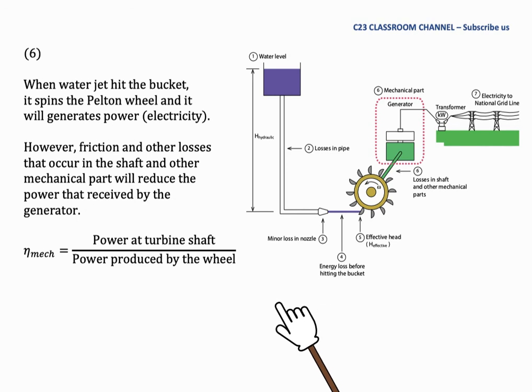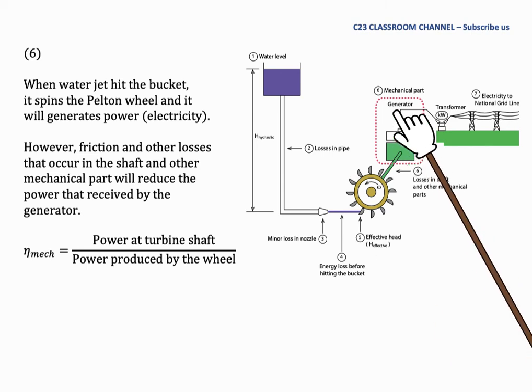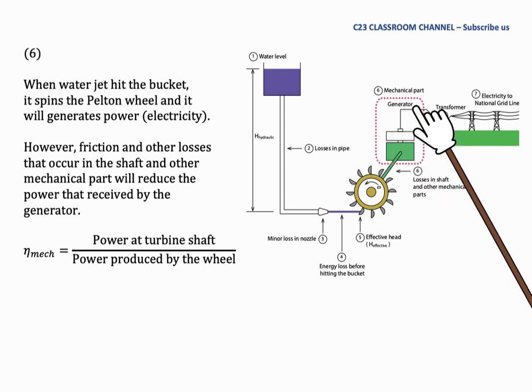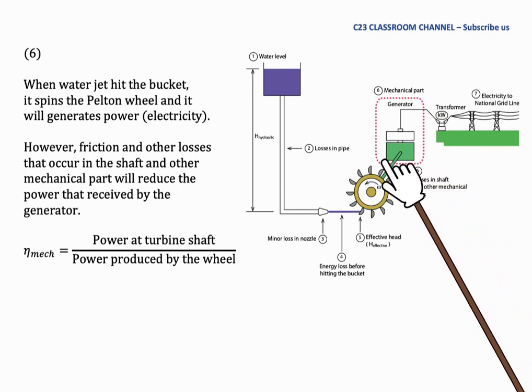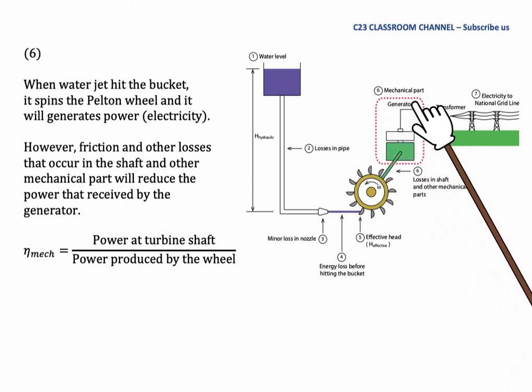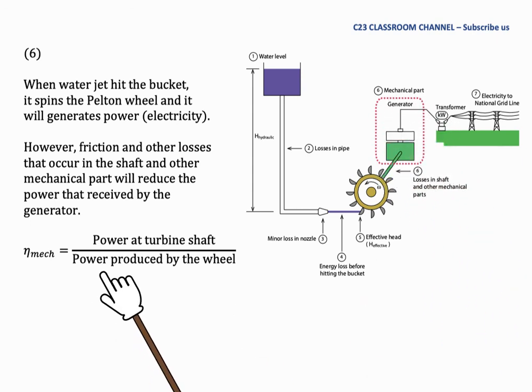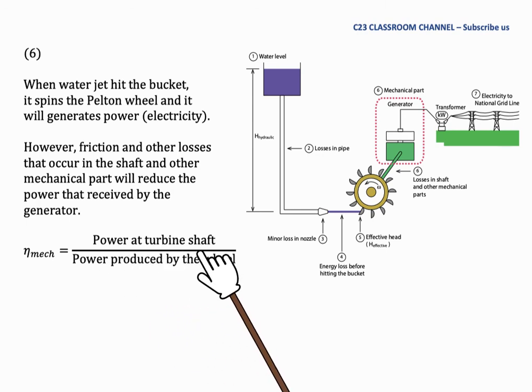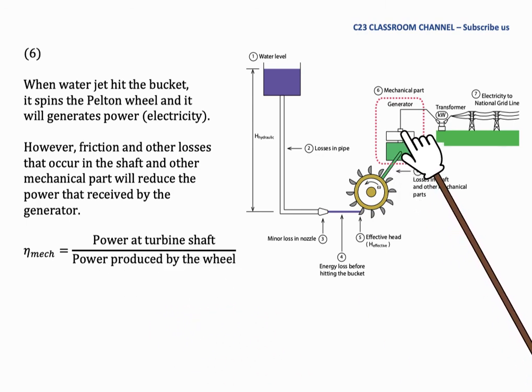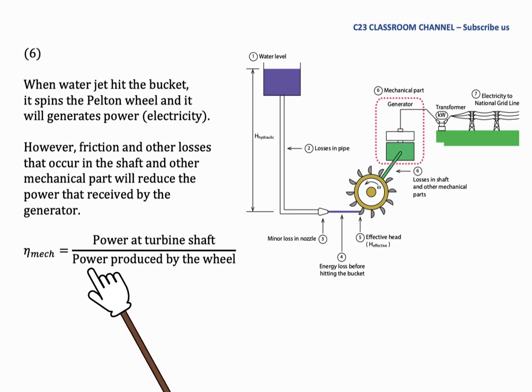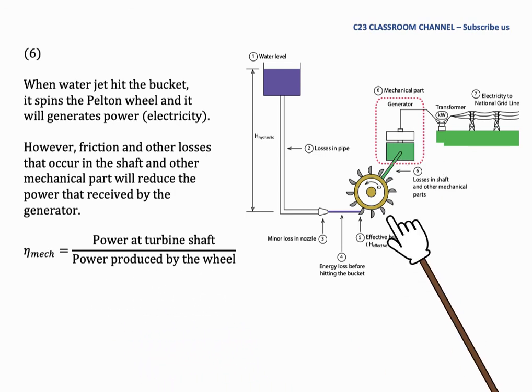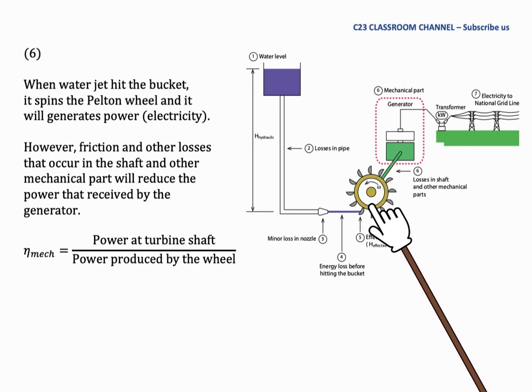When the water jet hits the bucket, it spins the Pelton wheel and generates power or electricity. However, friction and other losses in the shaft and other mechanical parts reduce the power received by the generator. So we need to calculate the efficiency of the mechanical parts by calculating the power at the turbine shaft, meaning the output power, divided by the power produced by the wheel, which is the Euler head.